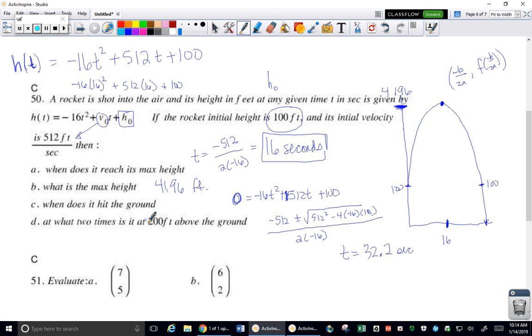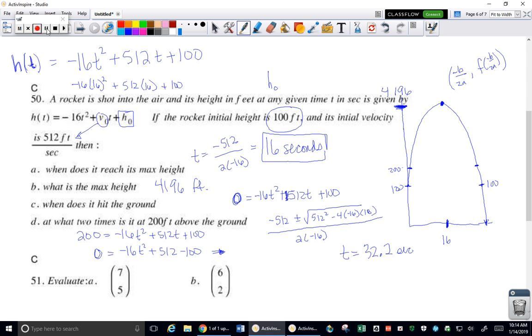So next question, at what 2 times is it 200 feet above the ground? So here's our 200. So now we want 200 equals negative 16t squared plus 512t plus 100. If I move the 200 over, that's my equation, and I'm going to see when this one equals 0.